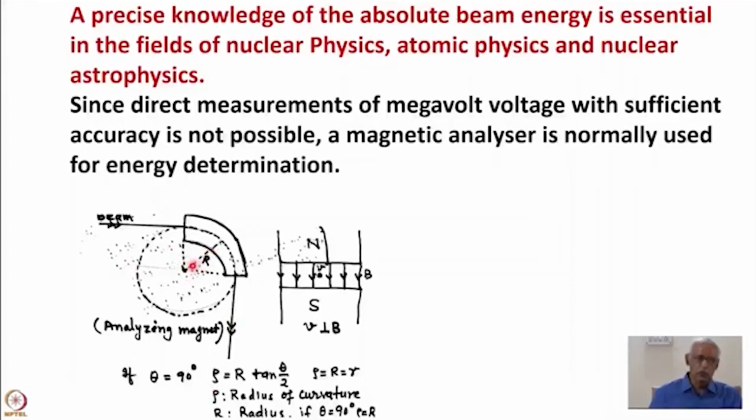Then the radius of curvature rho, in general, is r times tan(theta/2). In this case, if theta is 90 degrees, then rho is equal to r.